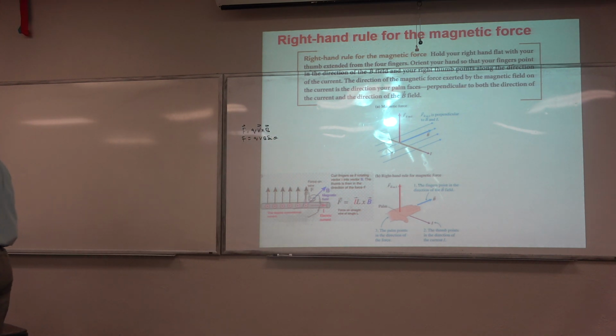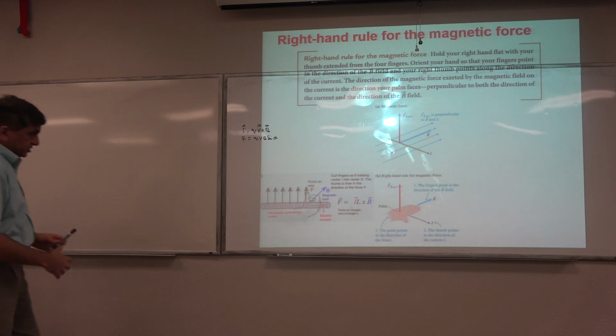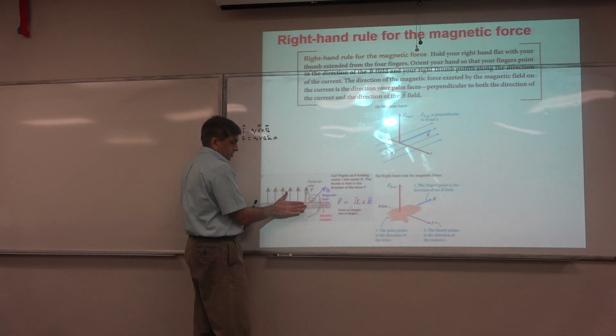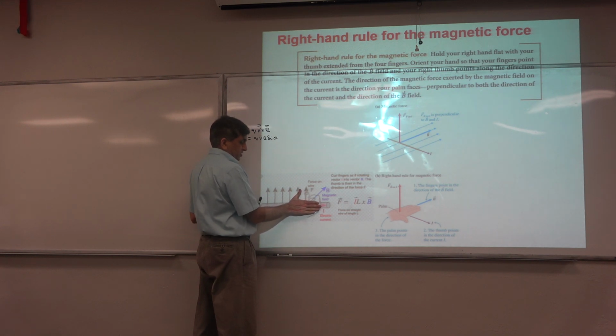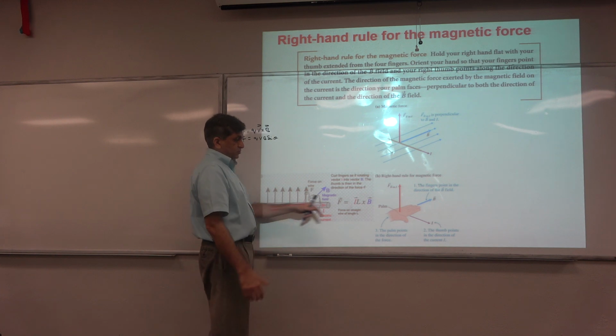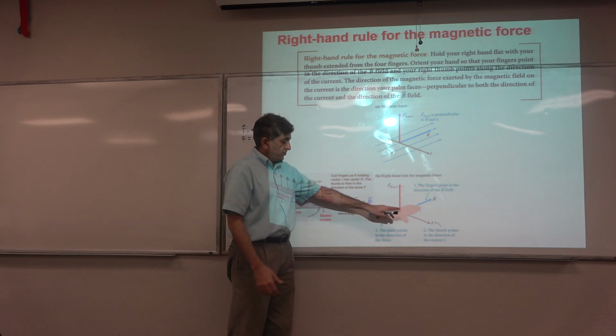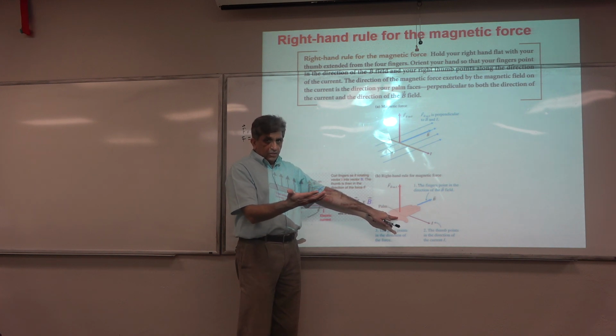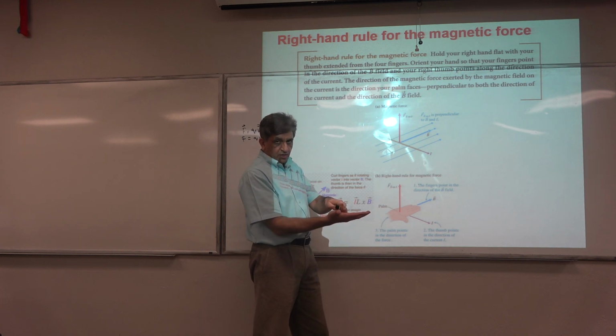Earlier I told you about having the fingers in the direction of the current and then curling toward the magnetic field with the thumb pointing the force, which will be the same as this. But if you want to stick with this part: the charge moving this way, the magnetic field this way, this is the force.